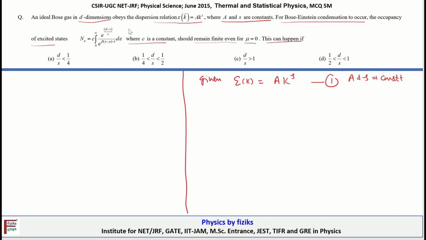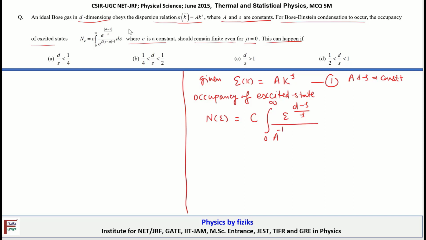Now the occupancy of the excited state is given by n(E) equal to a constant C, integral from 0 to infinity, E power (d minus s) upon s divided by (a inverse exponential beta E minus mu, minus 1) dE.